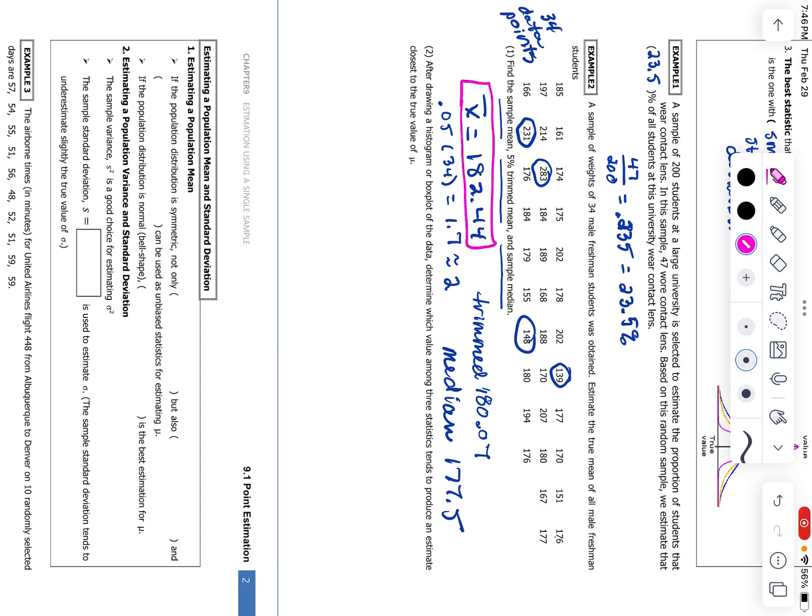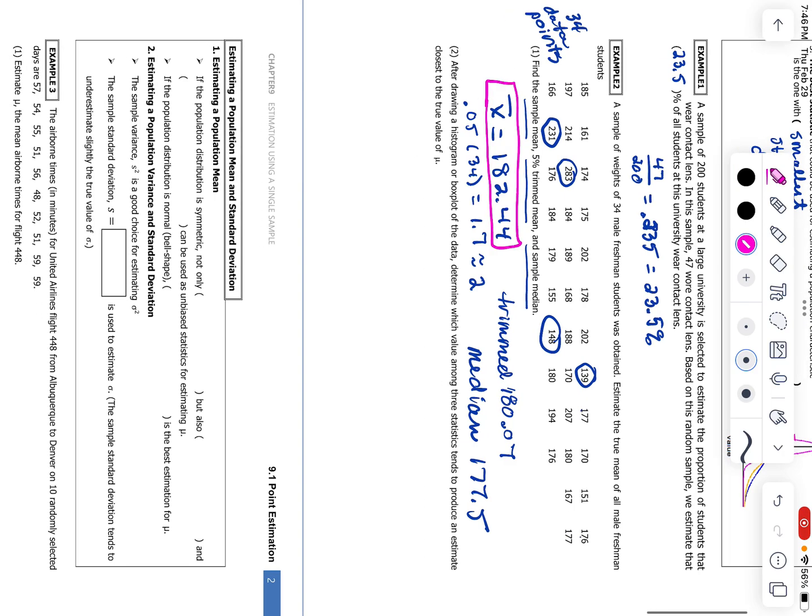Okay, next up, let's go to estimating a population mean and standard deviation. If the population distribution is symmetric, there are 3 ways that you can estimate the middle.